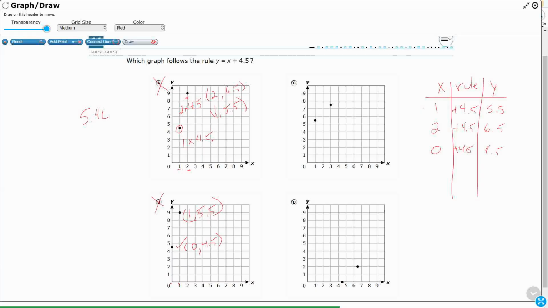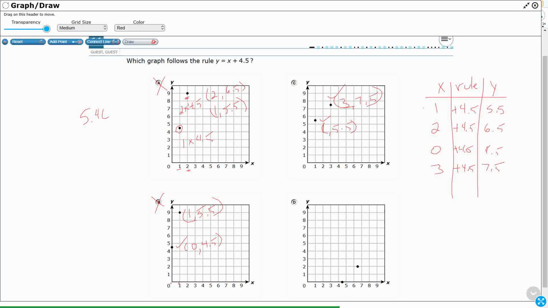Okay, so that's incorrect. I've got a 3, so let's add a 3. Remember, I'm adding 4.5, so that's 7.5. So my 1 should be 5.5. Okay, yes. And my 3 should be 7.5. Also, yes. That looks good.